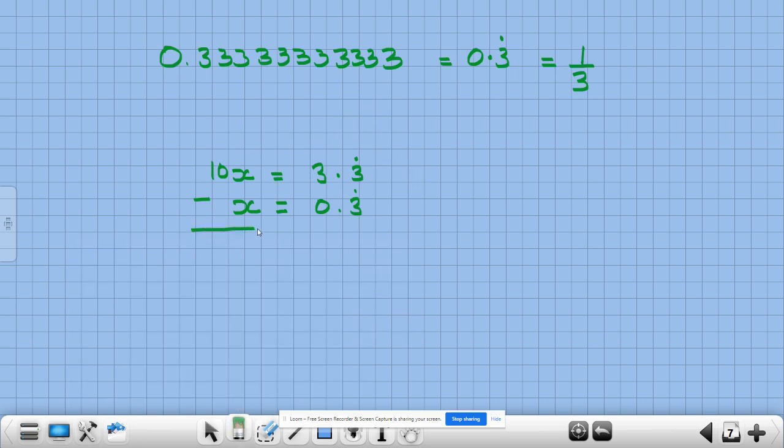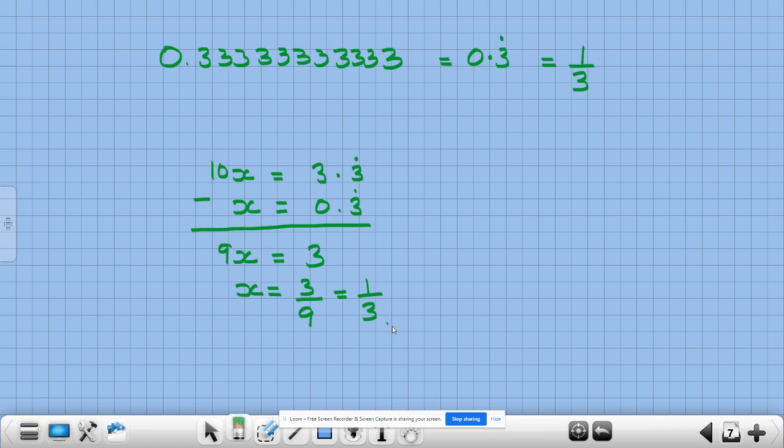And then what we're going to end up with is 10x minus x is 9x. 3.3 recurring minus 0.3 recurring, well, they're going to cancel each other out, and so we're just left with 3 minus 0, which is 3. We're going to divide both sides by 9, which will give us x equals 3/9. And that, of course, can be simplified to 1/3. So there we've proved that 0.3 recurring, which is a recurring decimal, can be written as a fraction.